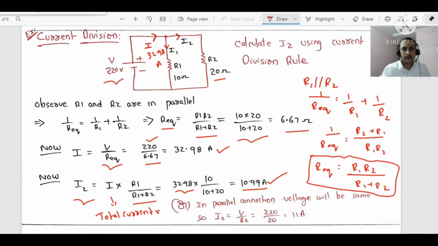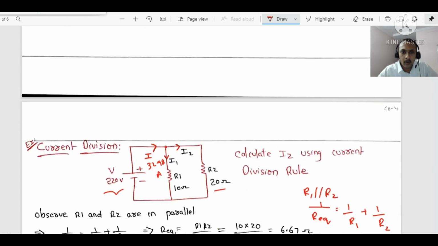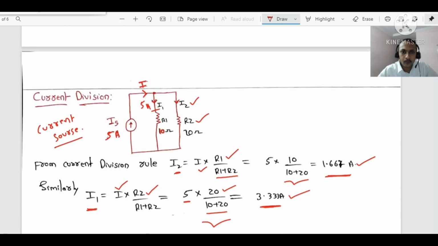So let me summarize the things. Dear students, if it is voltage division rule, in a series connection current will be the same. Apply the KVL and find out the voltages. If it is current division rule, in a parallel connection voltage across the elements will be the same. Apply the KCL at that node and find out the currents.